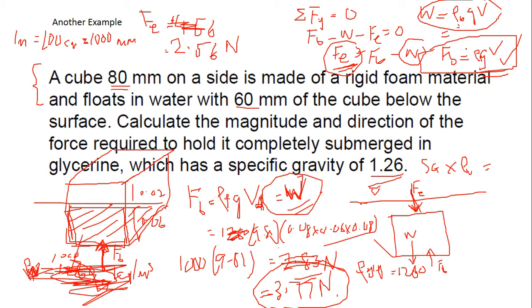In this case glycerin. So this is rho of the glycerin, which is 1260, times g and times V. So V is the volume yang displaced, maksudnya yang dalam fluid tersebut. So since it is totally submerged, so sama dengan volume of the object lah. Tapi kalau awak buat untuk yang floating ni, your V should be only yang tenggelam je lah, bukan the total object, to find the FB.